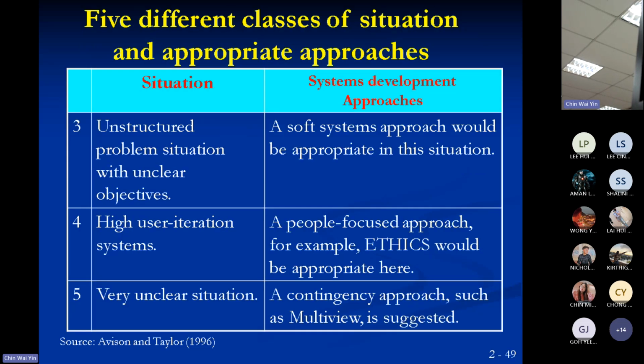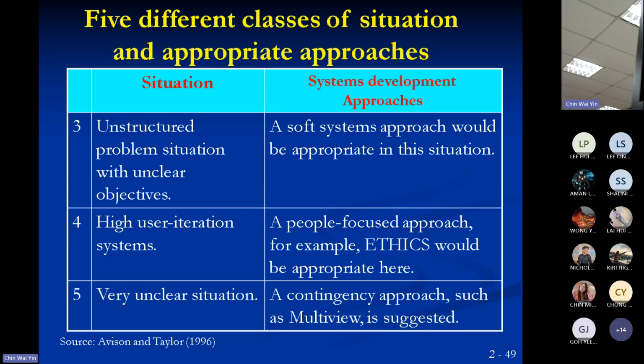The third situation is where you have an unstructured problem situation and an unclear objective. This one didn't even mention requirements, because if you don't even know your objective, can you come up with your requirements? Cannot, isn't it?